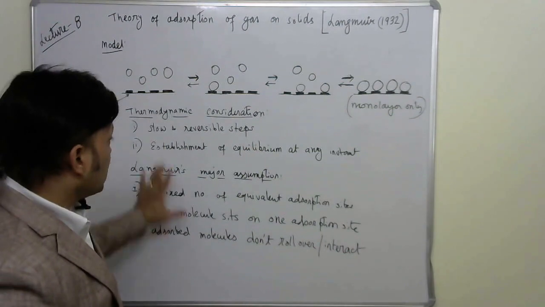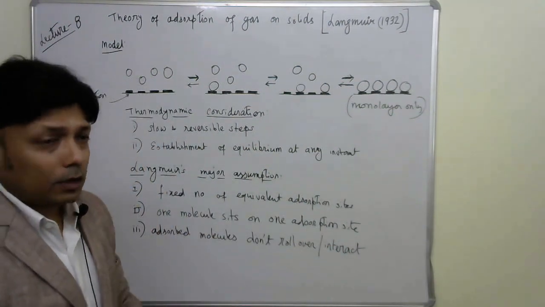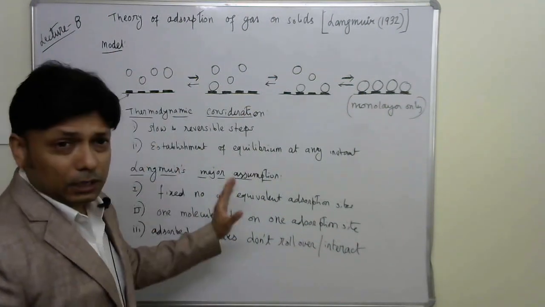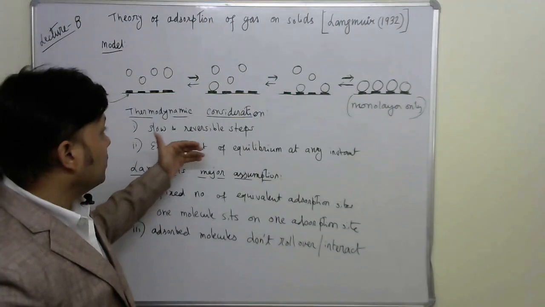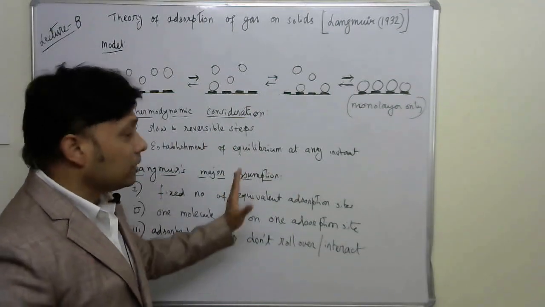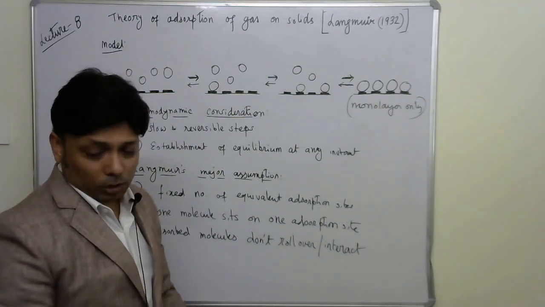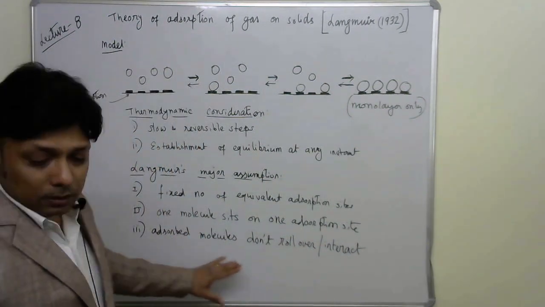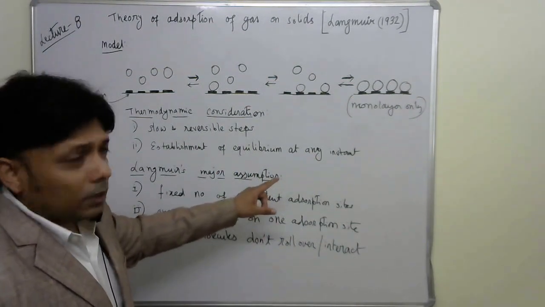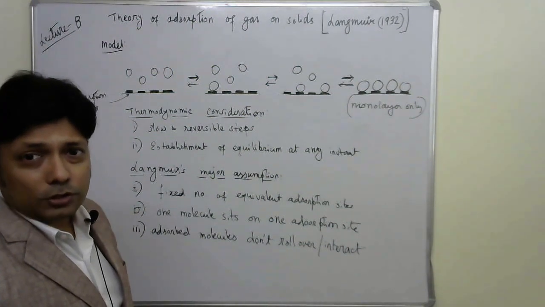Without these assumptions, we are unable to proceed to derive the mathematical equation that explains the extent of adsorption with respect to the pressure of the gas molecules. So I'm going to erase these assumptions, and now I try to derive Langmuir's equation for adsorption of a gas molecule on a solid surface.